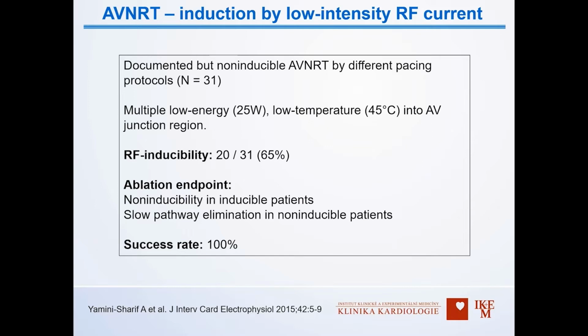They applied multiple low energy, 25 watts, low temperature, 45 degrees centigrade, burns into the AV junction region that resulted in induction in 65% of patients. We all know that this occurs during regular AVNRT procedures. Subsequently, the procedural endpoint was non-inducibility in inducible patients and slow pathway elimination in non-inducible patients. And the authors reported a success rate of 100%.